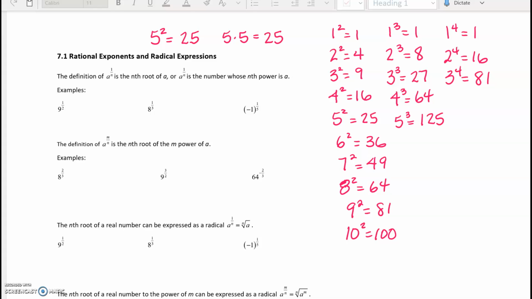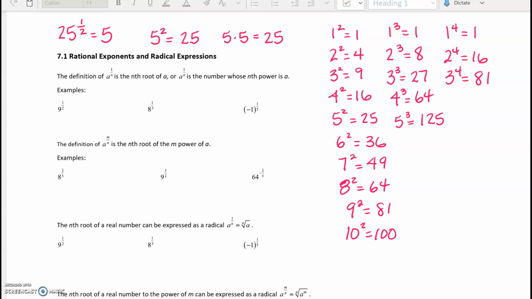When we write something to the 1 over n power, we're taking the root, which means we're going backwards. If I say 25 to the 1/2 power, I'm saying that there is a number whose second power is 25, and that answer would be 5. And that definition is just a little bit wordy. Basically, let's just go with root.